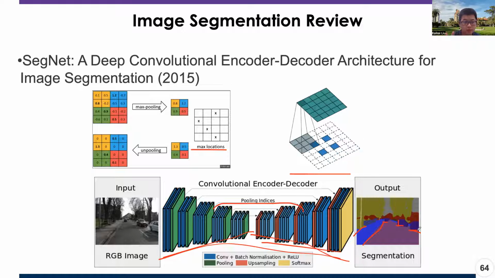So it's not object detection, it's just segmentation. If we want object detection and segmentation at the same time, as we mentioned in the previous class, we need to use panoptic segmentation. Panoptic segmentation detects the objects and segments the background at the same time. Here we only talk about segmentation. So this is one of the very famous works, an encoder-decoder architecture sharing the pooling indices, so we can do the deconvolution.